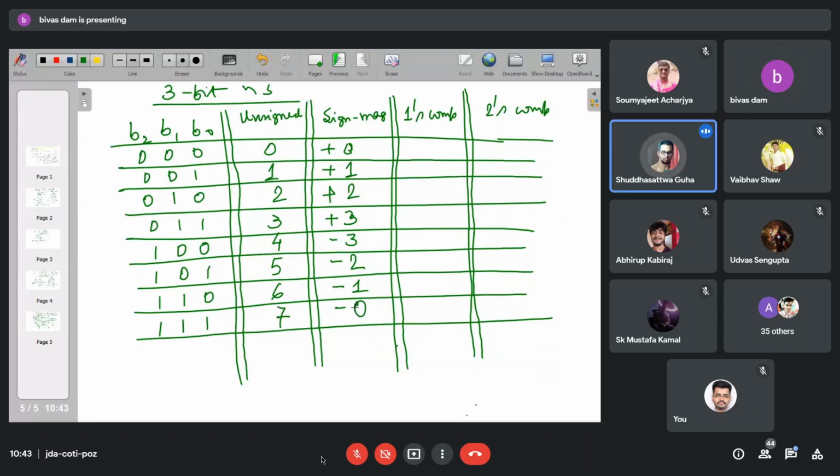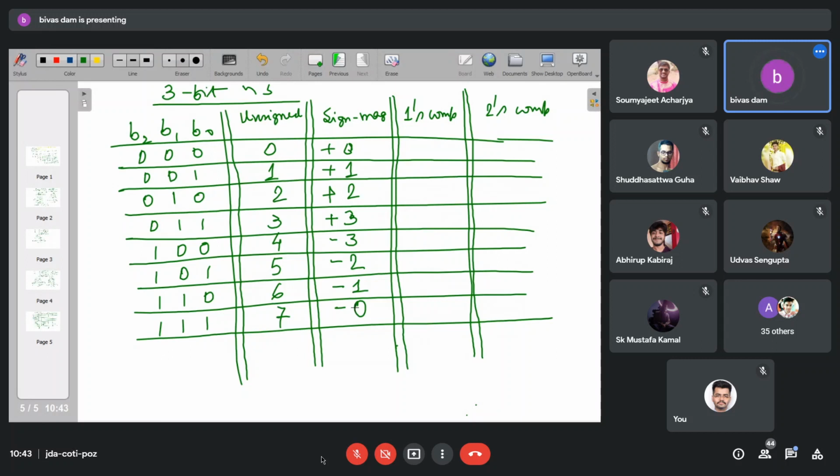This is the case with 1's complement, right? So why are we doing this with sign? I have not yet studied what happens in 1's complement or what the 2's complement number system is.